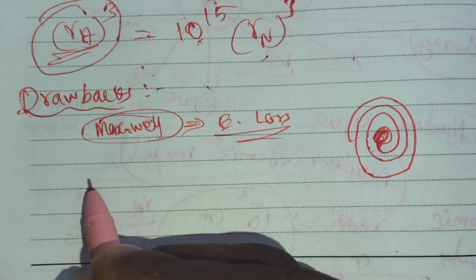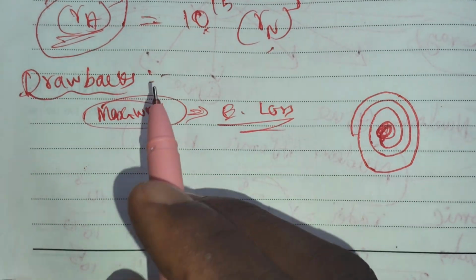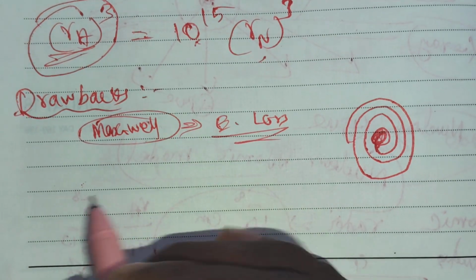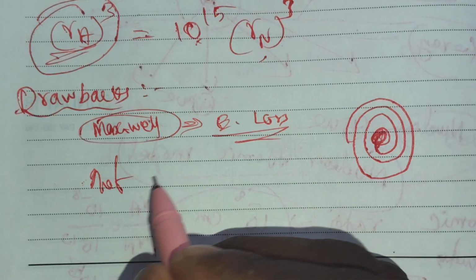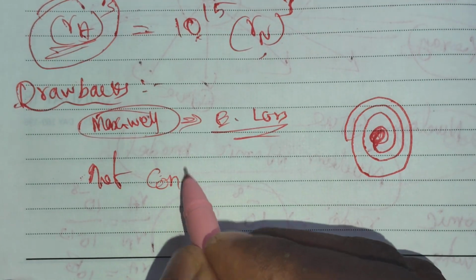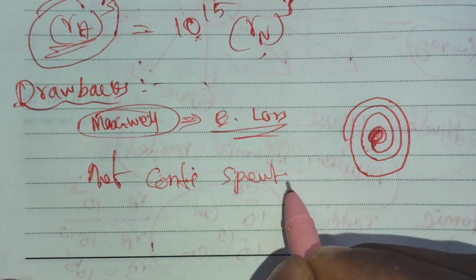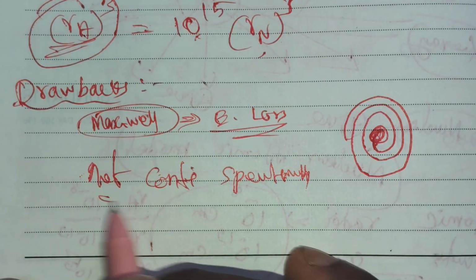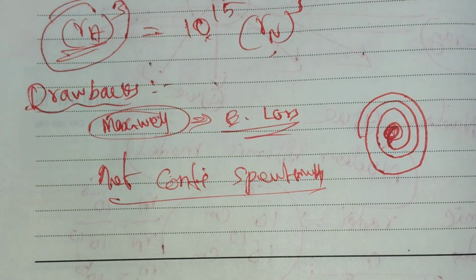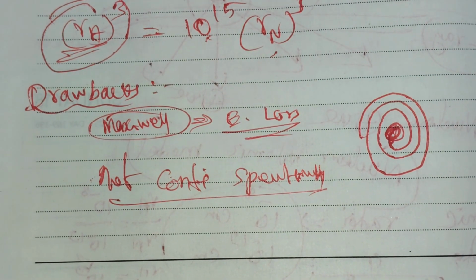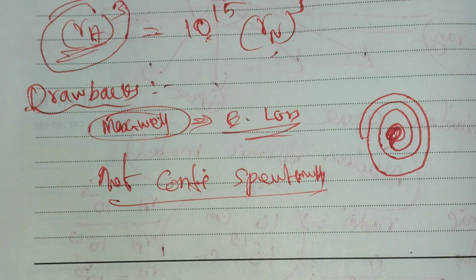And also, if the energy is lost continuously, we would get a continuous spectrum, but the actual spectrum is not continuous. The energy cannot be lost continuously; it is lost in packets, or small bundles.